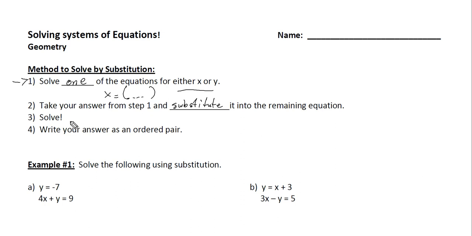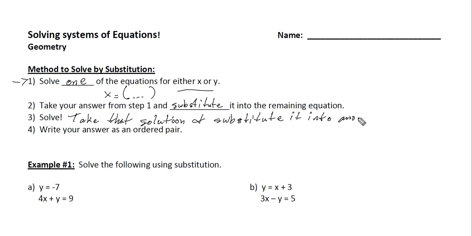Then we're actually not done yet. We don't have the answer yet. Once we have solved for one of our variables, we're going to take that solution and substitute it into another equation.